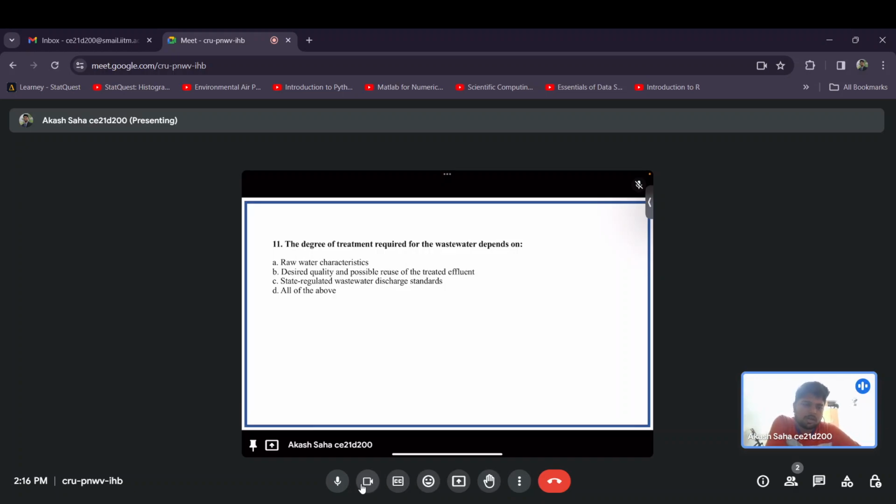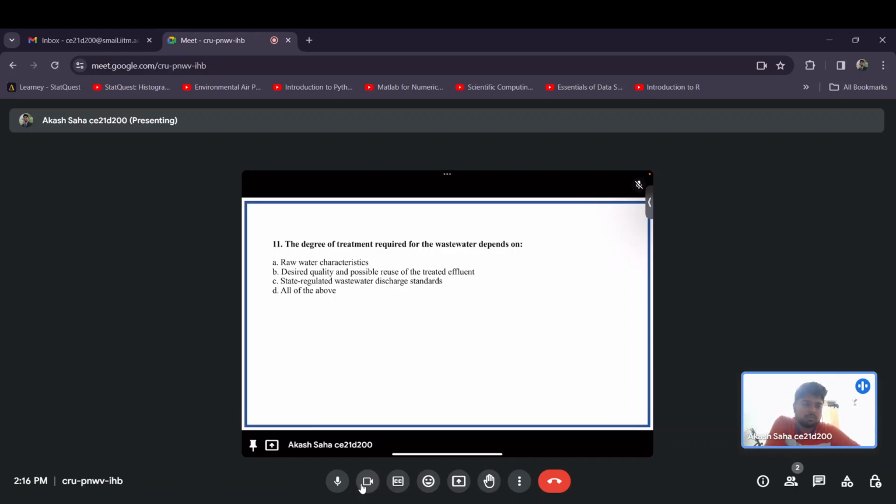If you see all the options, it's obvious that all of them are correct, because the degree of treatment required will obviously depend on my raw water characteristics, that is my influent water characteristics. And how much treatment I have to give will depend upon what kind of quality I require in the effluent.